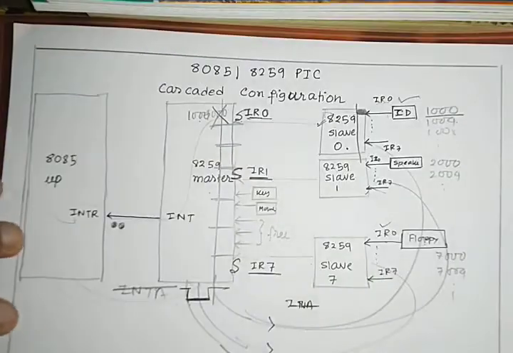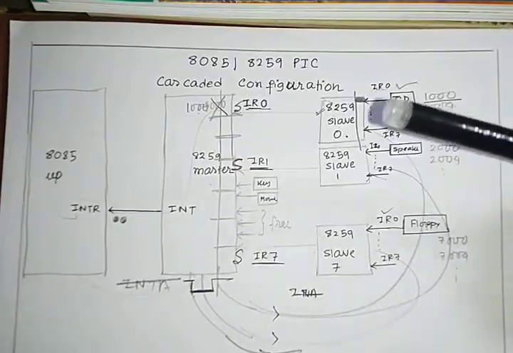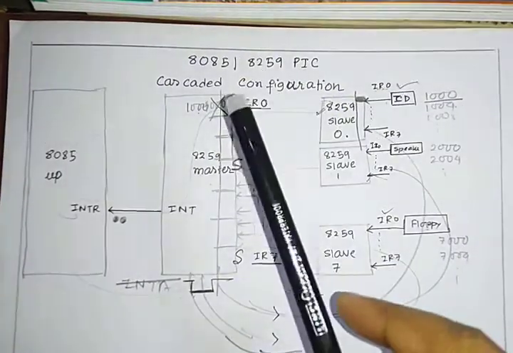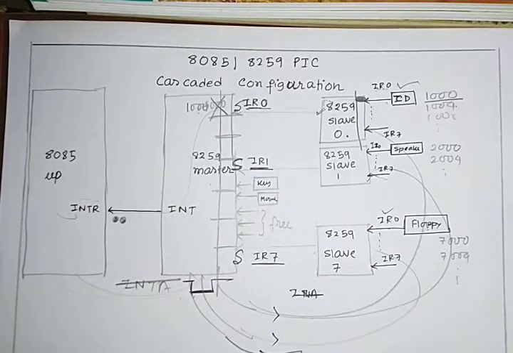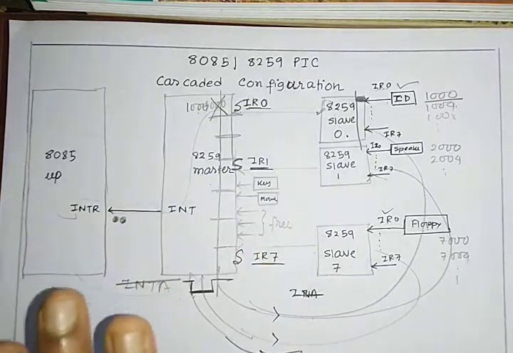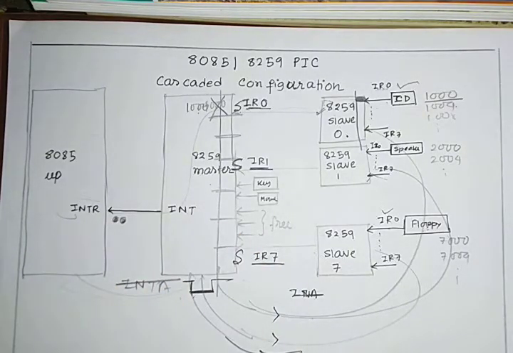Let's have a quick recap. You know the answer already, but for the sake of confirmation, let's do it once again. First, the MUP has to know whether a slave is connected or not. This is the task of SP bar. Now that is not something we are focusing on right now. Leave it.